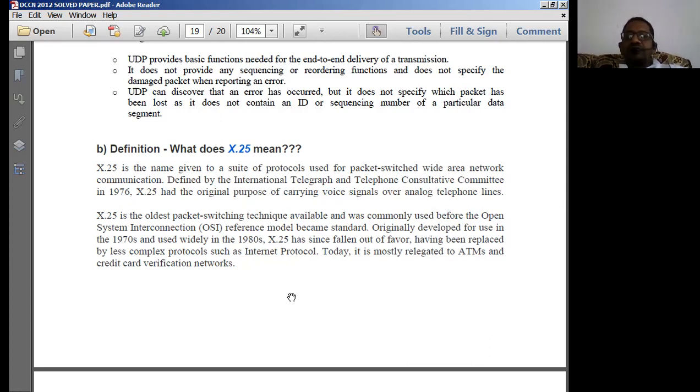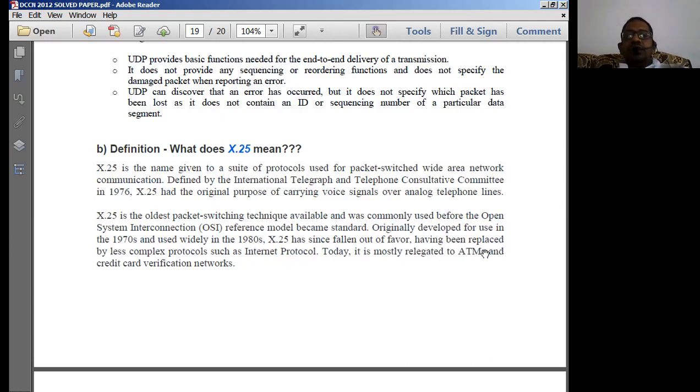One had to use telephone lines only to transfer the signal from one computer to another computer. In those days, X.25 was a really popular network switching technique using which we transferred data from one end to another end. X.25, as I said, is the oldest packet switching technique available and was commonly used before the OSI reference model came as a standard.